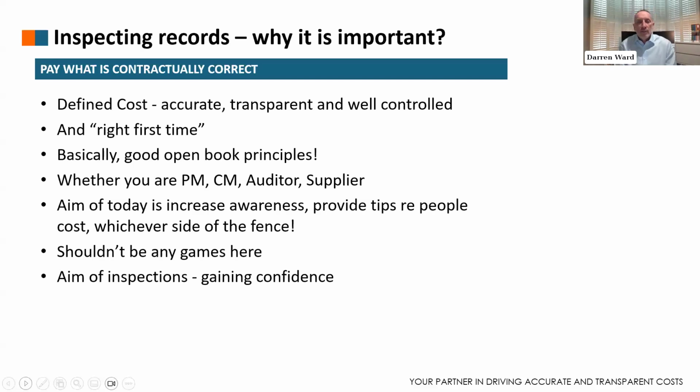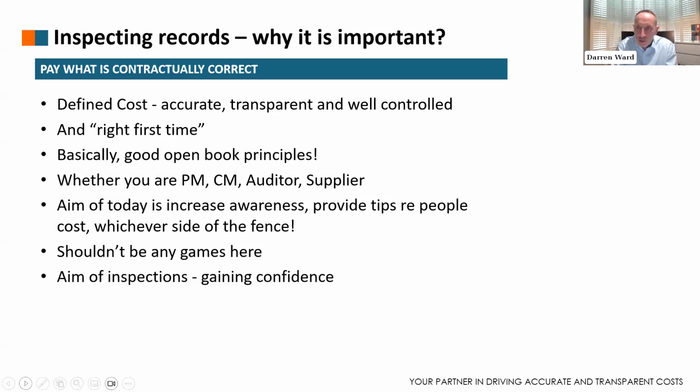Right. So let's start. Why are inspections important? First and foremost, if we're talking here about an employer, the employer wants to make sure they pay what is contractually correct. So what we're looking for is a contractor producing defined cost for people that ultimately is accurate, transparent, and well controlled.